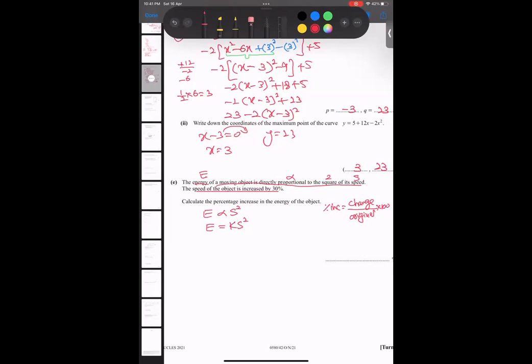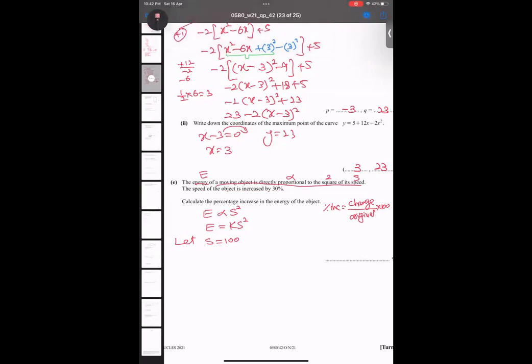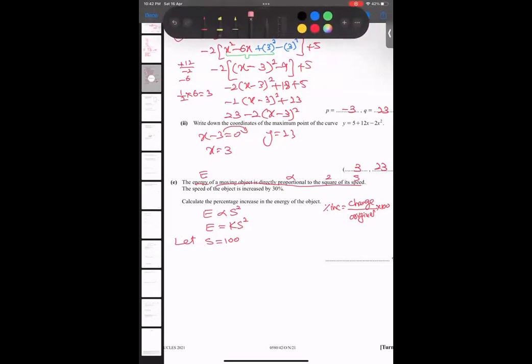Now I'm going to just assume anything because he did not mention anywhere any value. We don't know any value of S. So when we don't know any value of S, what to do? Assume any value. For example, I take S is equal to 100. Not 100, you can take 10, 20, 30, 40, whatever, no problem. And this is S's first value, okay? And now 30% increase. So 30% increase means what?